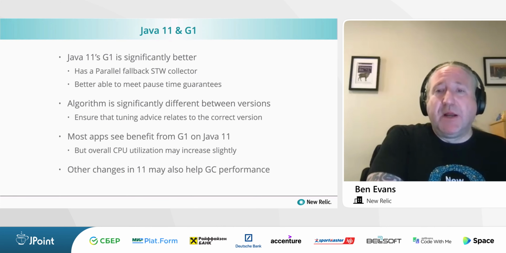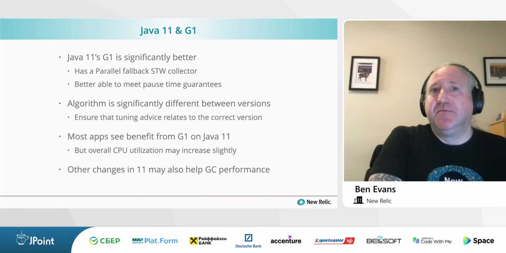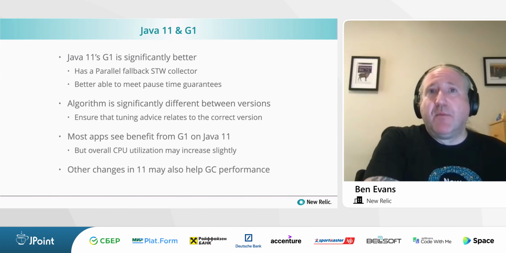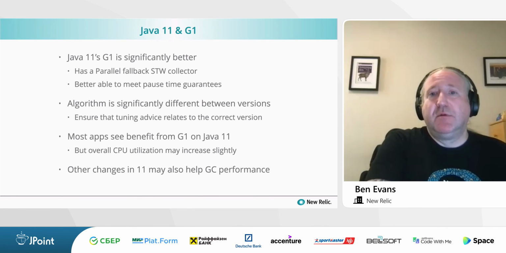But it's a better pause time performance. You have better predictability. Overall, you may see a slight increase in CPU utilization. And certainly the throughput is slightly lower for G1 because more work is being done on the application thread to benefit GC.